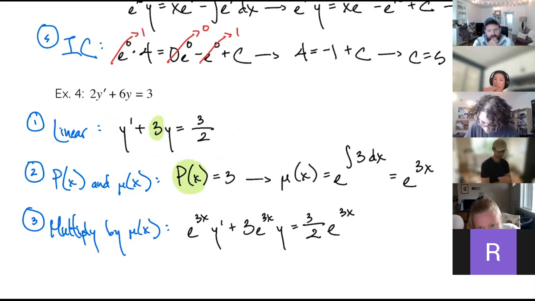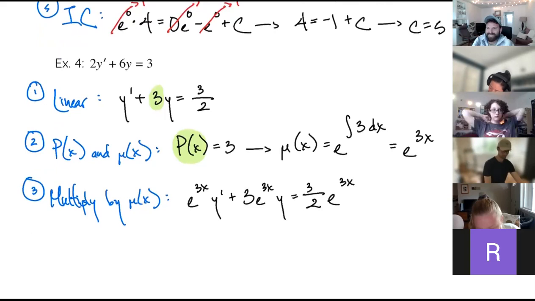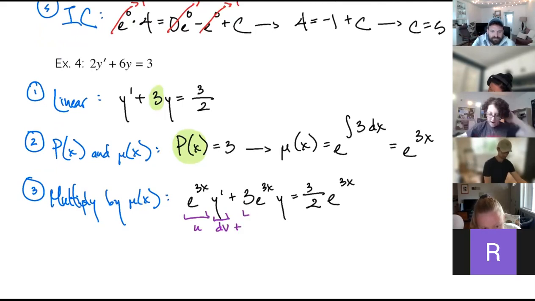Now at this point, I tend to pause and just look at that left-hand side. Make sure I can see a u dv plus v du, right? If we have that, that is a confidence booster that we are headed in the right direction. And it looks like we have u dv plus v du.